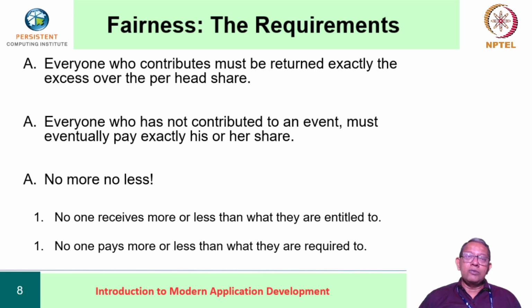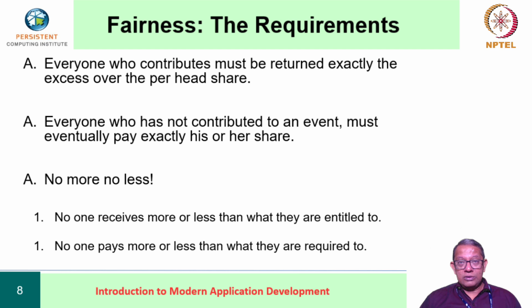What do we require out of the idea of correctness, the fairness approach? Well, everyone who contributes more than his or her share must be returned exactly that excess contribution. Similarly, anyone who has not contributed must eventually pay exactly that same amount, whatever they owe. In fact, more strongly, no more, no less.